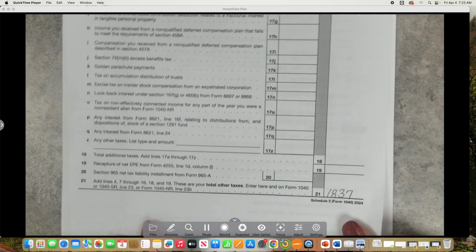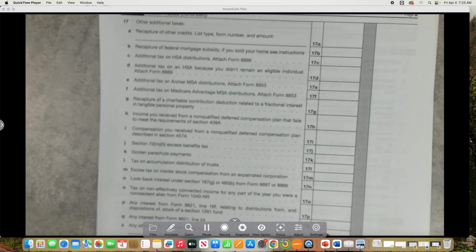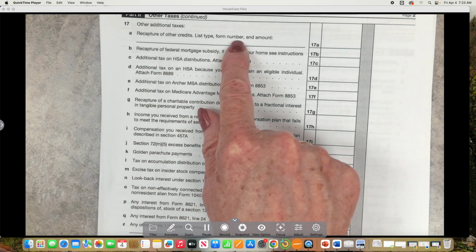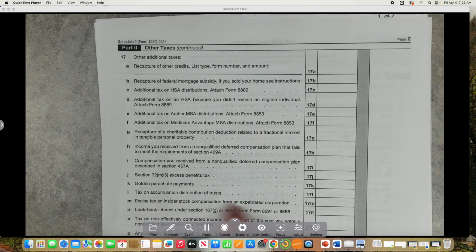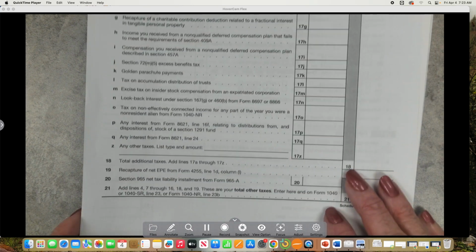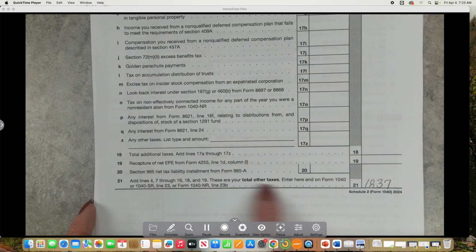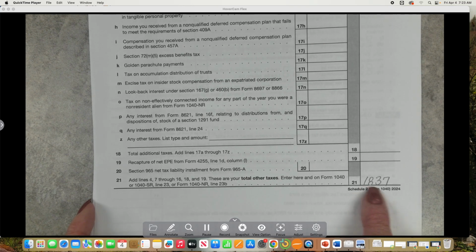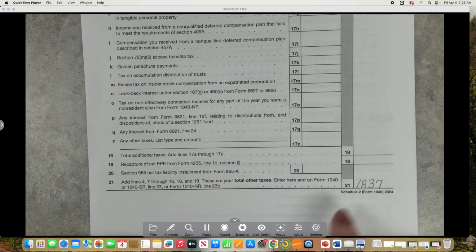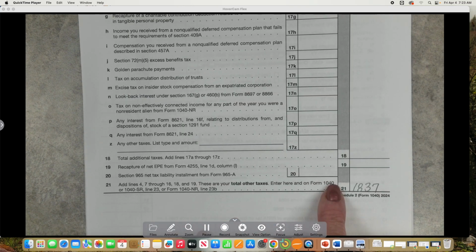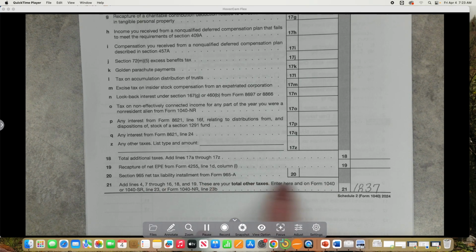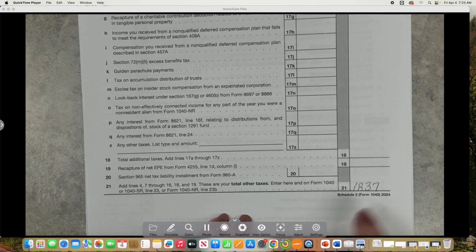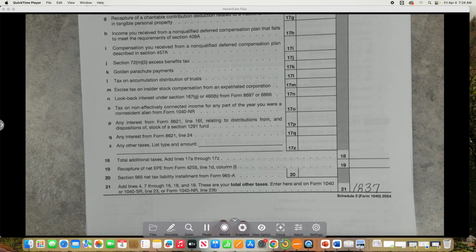And then on the back side, you would add up anything else. Again, he does not have any recaptured credits. He doesn't have any tax on accumulated distributions of trust. He does not have any of these other things. So his grand total for other taxes is going to be $1,837. That is going to go on to line 23B for our 1040. Okay, we will do that in the next day.